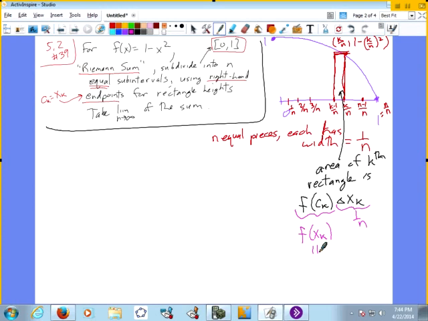And so that's 1 minus k over n, the value of the right-hand endpoint, squared. And so the sum we want to look at is the sum, k going from 1 up to n, of the quantity 1 minus k over n squared, all times 1 over n.